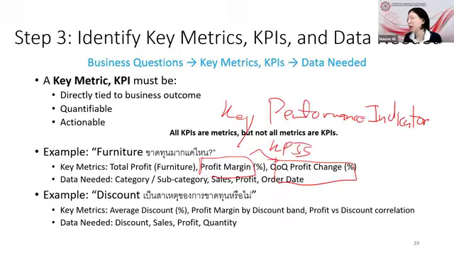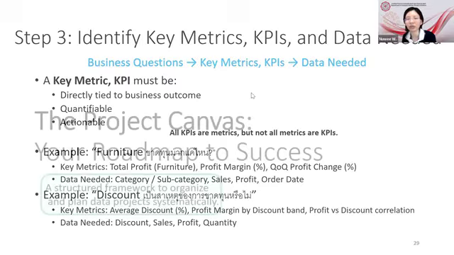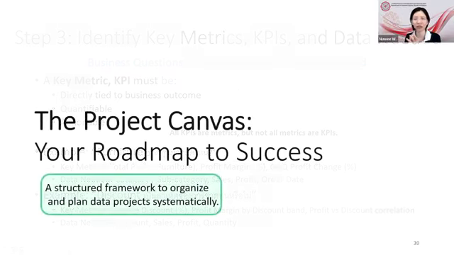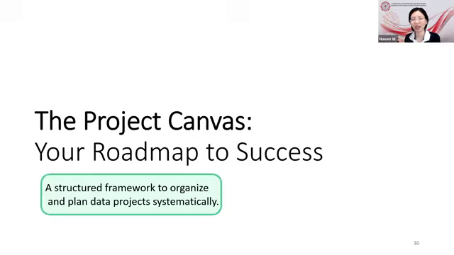Okay, so we will have one tool that we will use throughout your group project, which is the project canvas. This is your roadmap to success. It is a structured framework to help you organize and plan your data project systematically. So let's use this case study throughout the course.